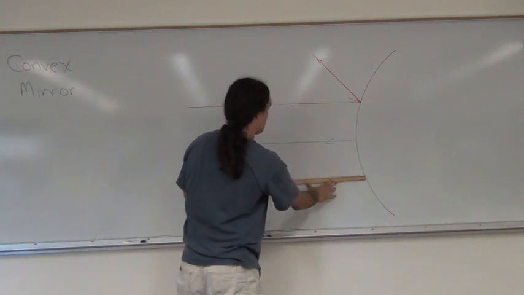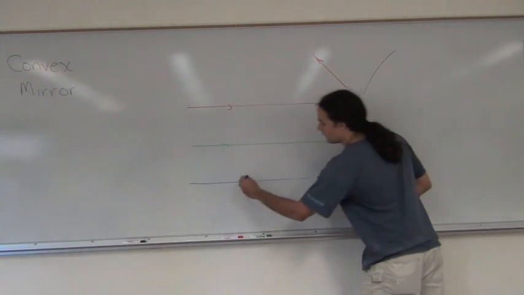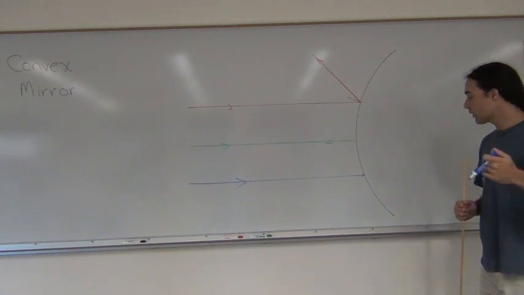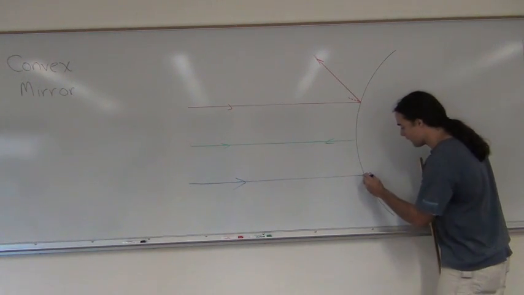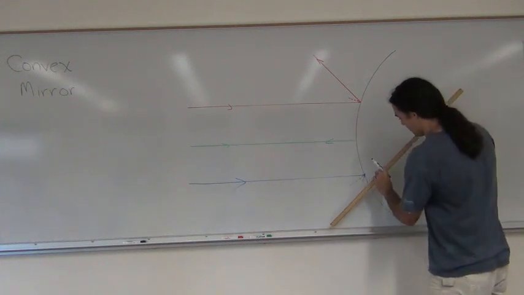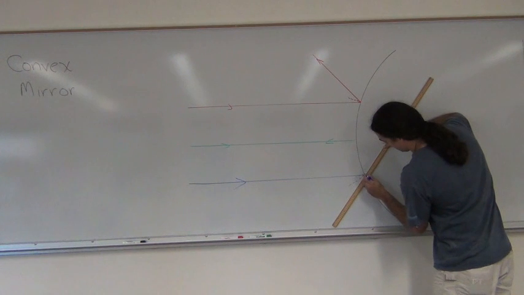Here we go. Got my blue light coming in this way. And as always, we're going to have our angle of incidence equal our angle of reflection. So let's try to draw that, coming out like this. I can line it up. There we go.